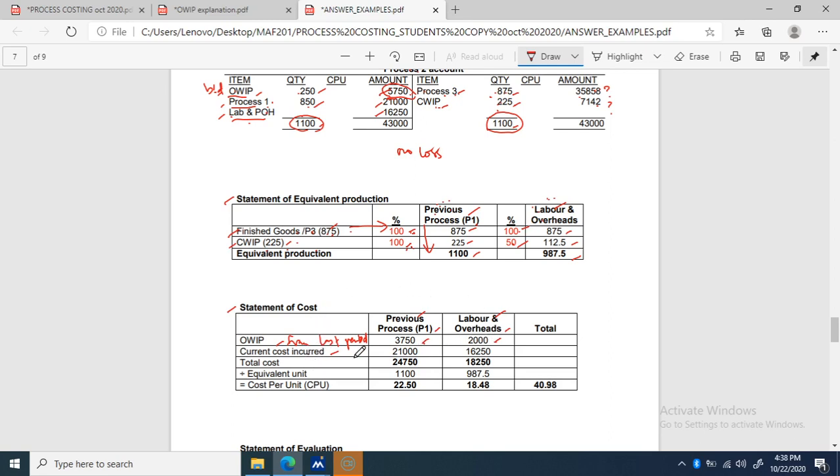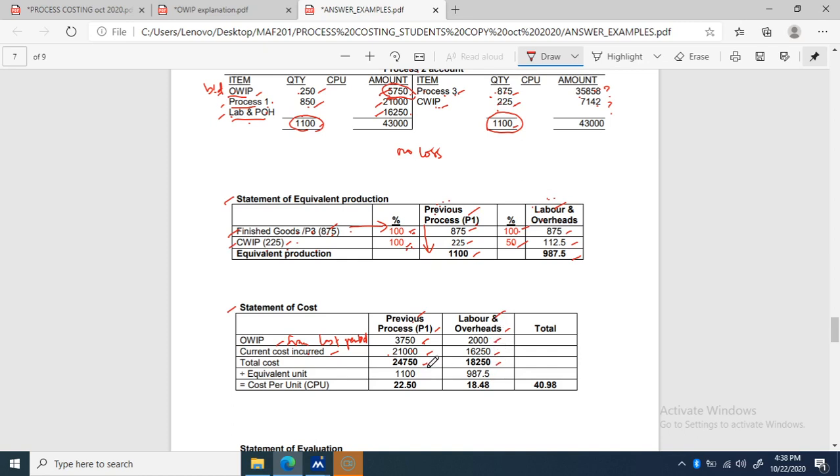Now the cost incurred from this period. Current cost incurred, how much? Previous process, referred to here, 21,000. Labor and overhead 16,250. So totaling up, you get the total cost for previous process 24,750. Labor and overhead cost will be 18,250.